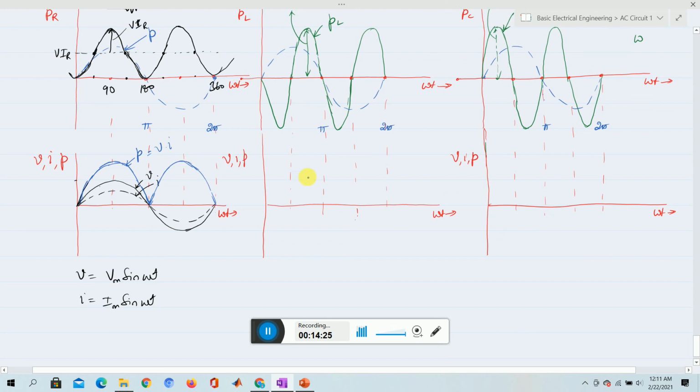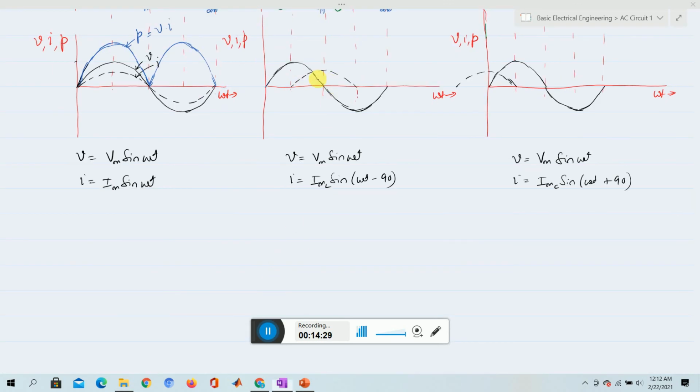So similarly we can draw for the inductor and capacitor. The structure has been created so that you can easily see that you have a voltage, and the current is omega t minus 90. At 90 degree it will start, so the current is lagging. If we draw the other part of it, you can see this is the way it will reflect in the waveform.